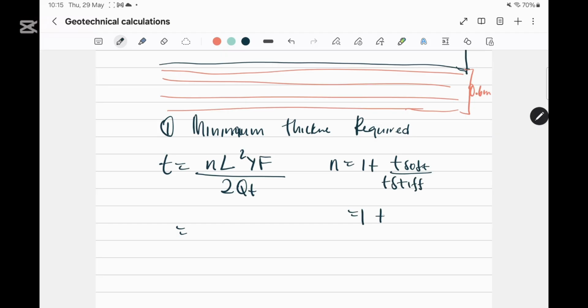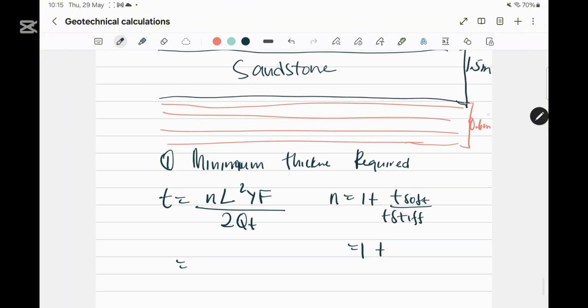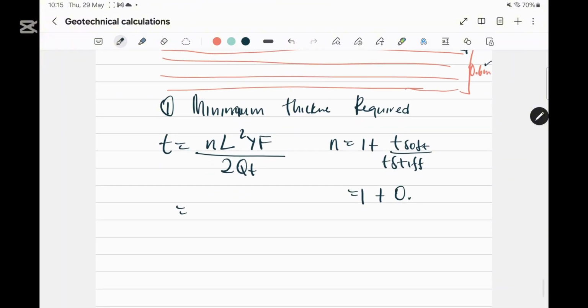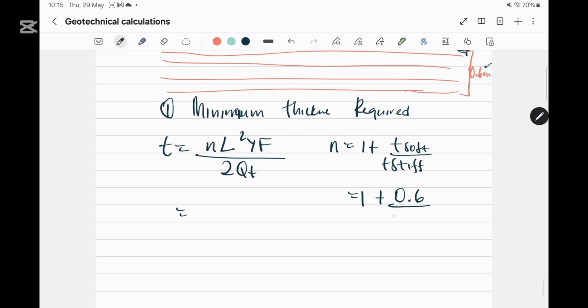So we're going to have 1 plus the thickness of the soft rock, 0.6, which we found here, over T stiff, 1.5. So 1 plus 0.6 over 1.5, we're getting 1.4 as our N. So we just come here and substitute. You're gonna have 1.4.